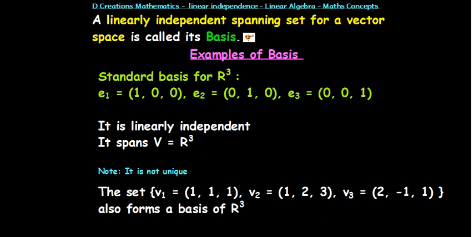So a basis of a vector space is a spanning set consisting of linearly independent vectors. And notice it is not unique. You can have more than one such set. But what is shown here, (1, 0, 0), (0, 1, 0), (0, 0, 1), this is the standard basis for R3. Now in the next episode, we are going to look at some more examples of basis, or if I want to use the plural, bases. Till then, thank you.